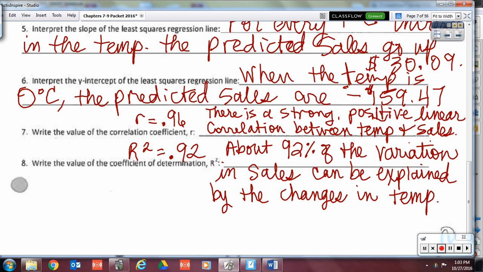Okay. So there's your answer for that. About 92% of the variation in sales can be explained by those changes in the temperature. 8% is happening because of something else.